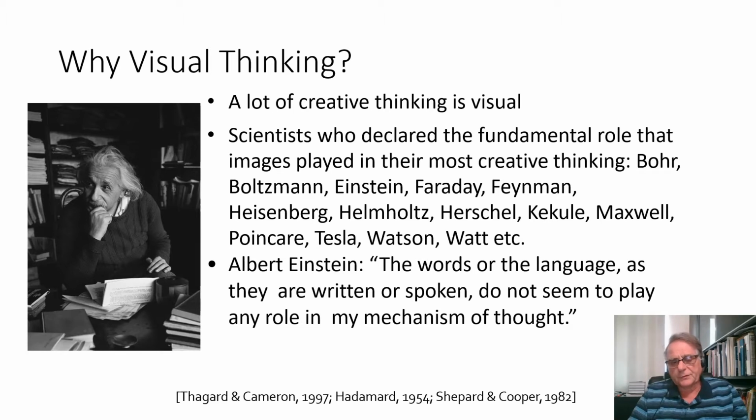It's interesting to note that many scientists declared the fundamental role that images play in their most creative thinking. The list includes Bohr, Boltzmann, Einstein, Faraday, Feynman, and the list is much longer. Albert Einstein was very specific, saying that words or language as they are written or spoken do not seem to play any role in my mechanisms of thought.